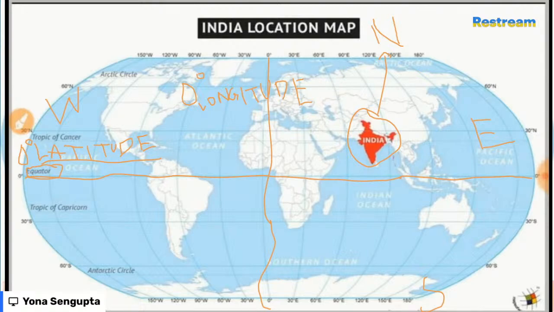In this chapter, it's very important. It will be telling you about both the horizontal and vertical coordinates. Let me stop the screen share, and again I'll go.